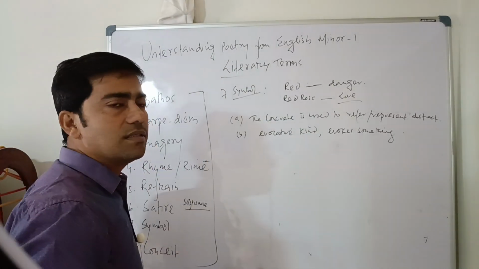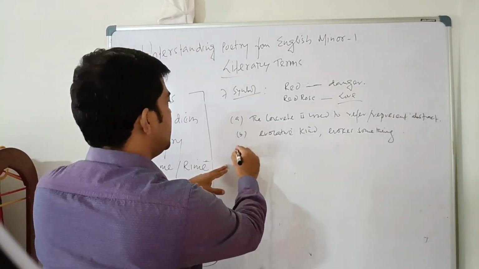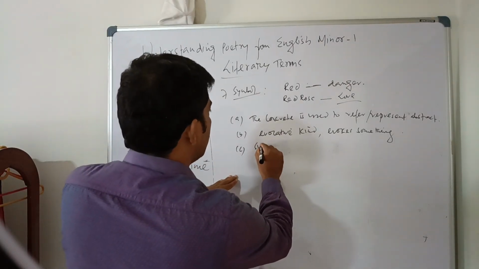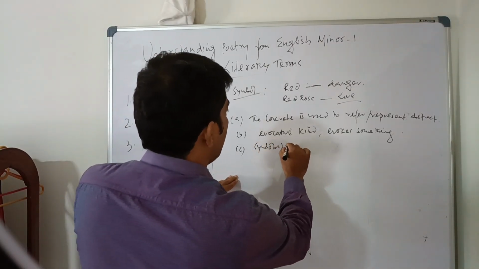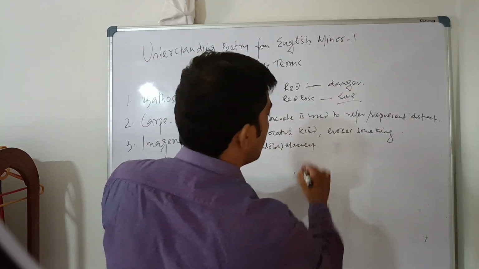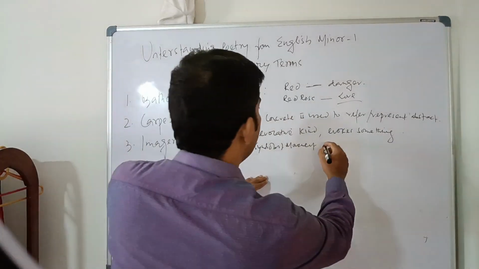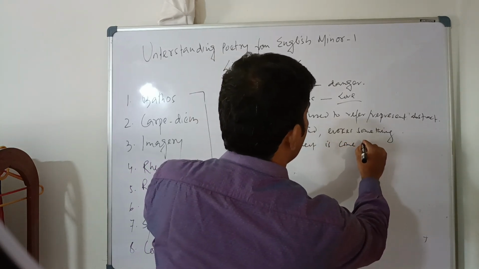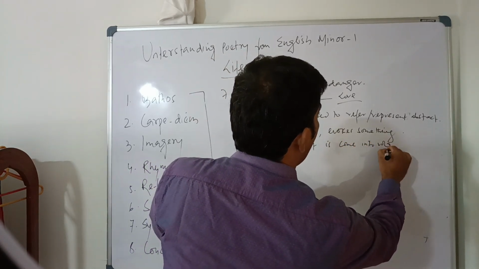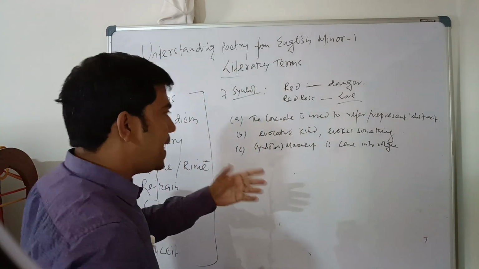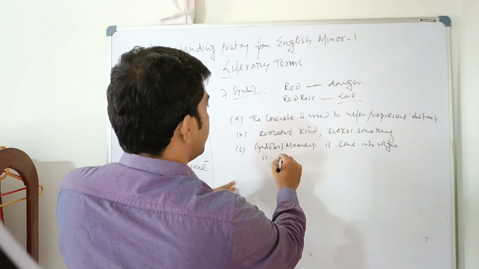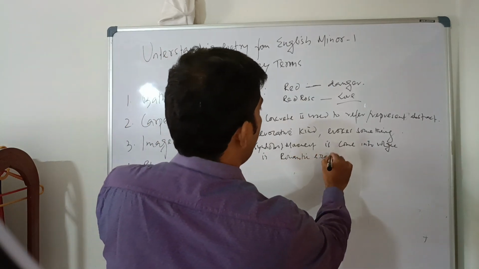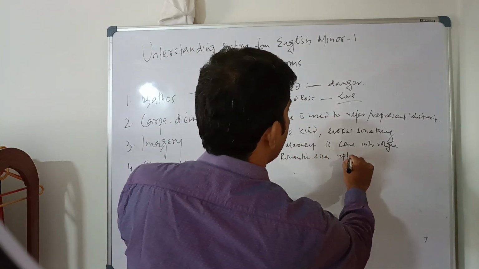C is the symbols movement. Symbols movement is coming to vogue in romantic era up to the modern age.